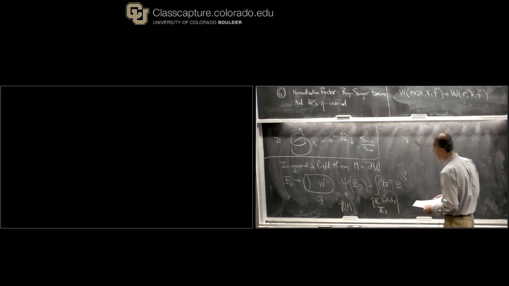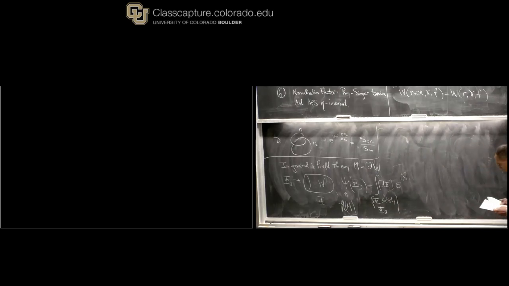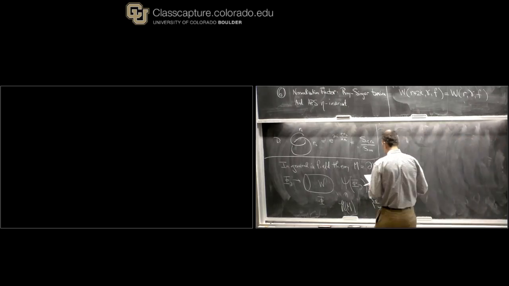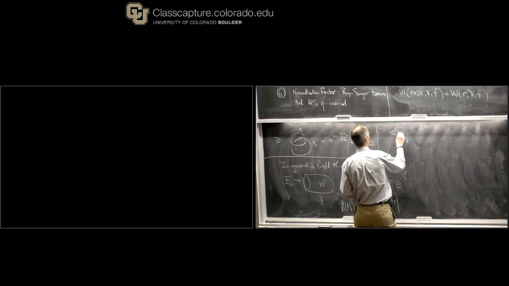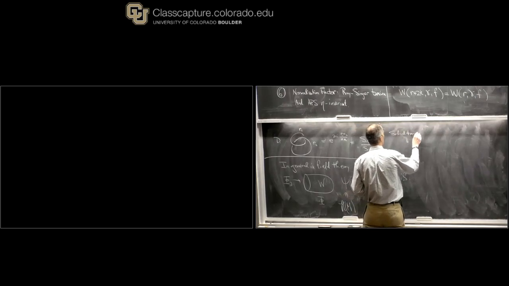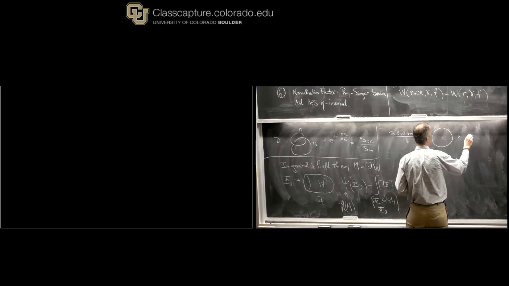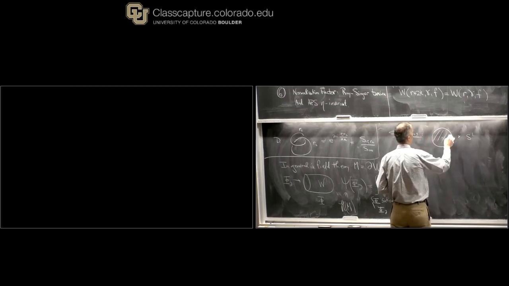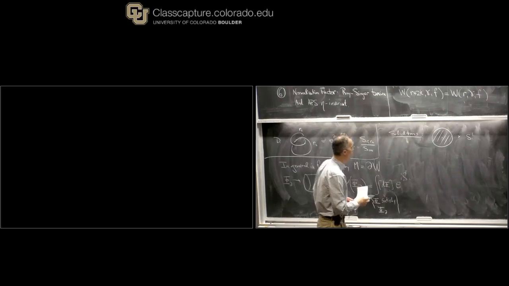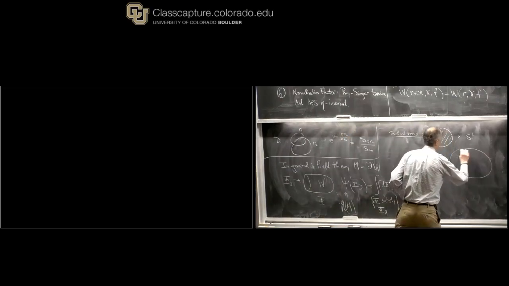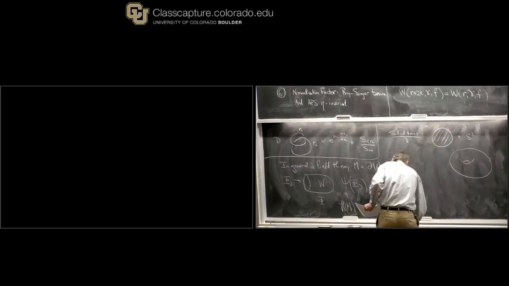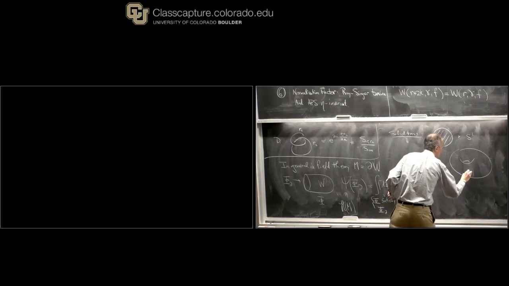Okay, that's just a conceptual thing. So let's apply that idea to the solid torus. Okay, so we have the solid torus, which is the disk times the circle. And now, if you wish, we can draw it like this, and we can fill it in.